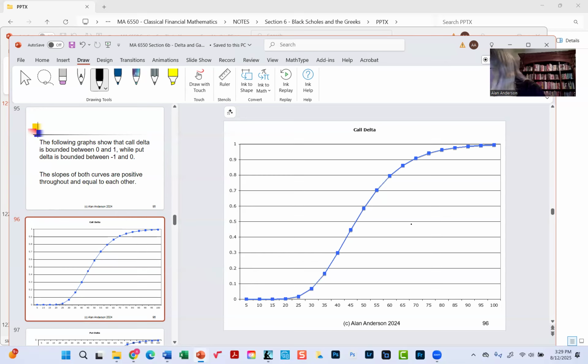You can tell because it's always positive, but right about here is where it peaks. The rate of change of this curve flattens out, it rises, and then it starts to slow down again. So anyway, this is where the gamma will be reaching its maximum.